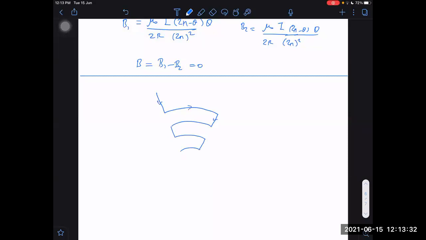This way, this way, this way. And finally, I don't know how the wire goes at last. Maybe it goes this way. Sir, it is connected to a battery. Where does the wire go at last?